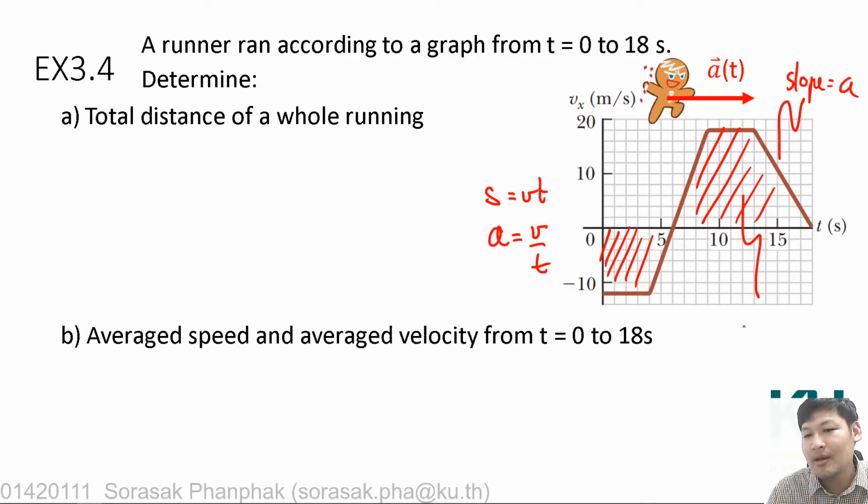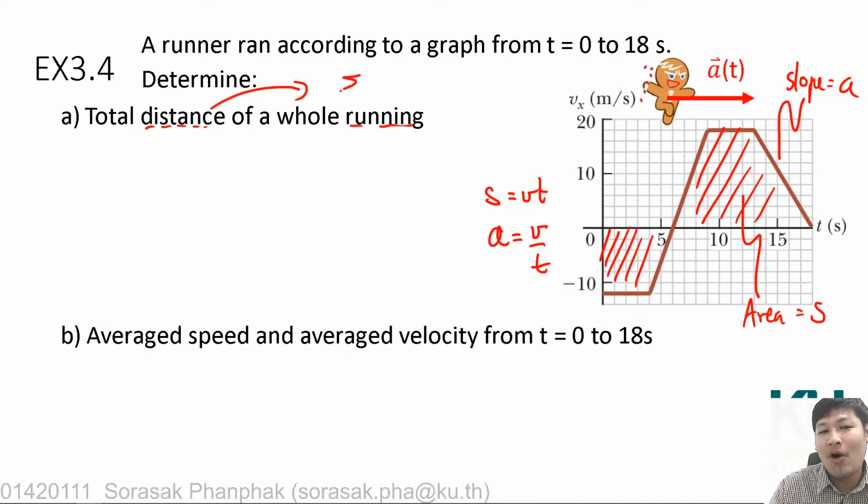The area is the displacement. So if you'd like to find the total distance of a whole run, the distance is all the path that you covered. It's not equal to the displacement, right?